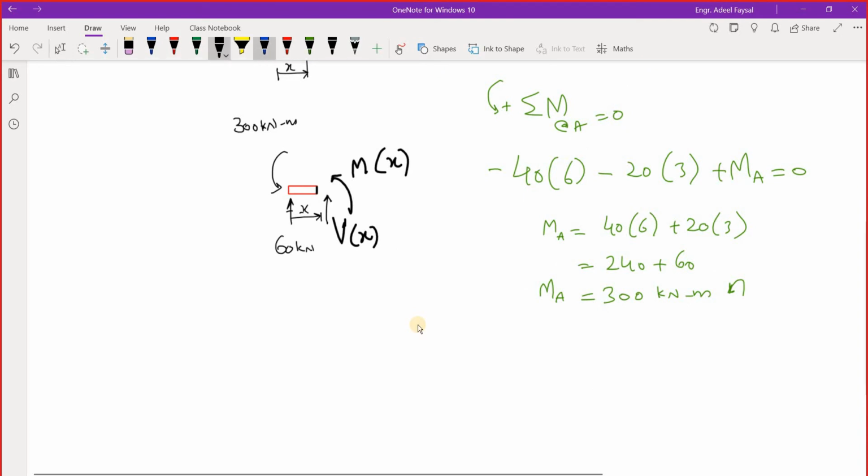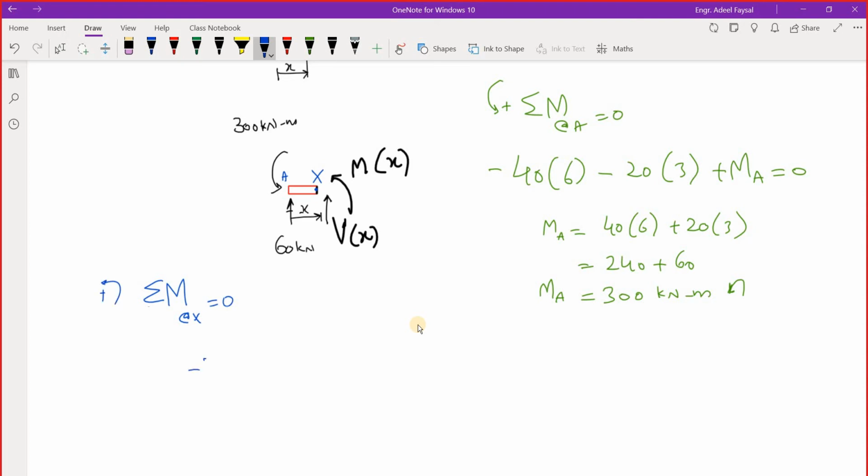Next is to solve for Vx and Mx using equilibrium equations. Let me label the points: this is A, and this point is X. Let's consider summation of moments first. Summation M about X is equal to 0, and let's consider this direction positive.